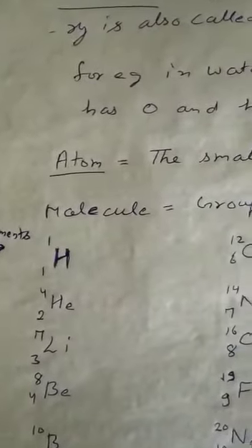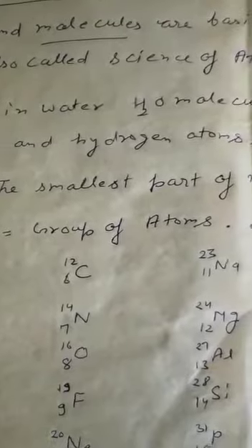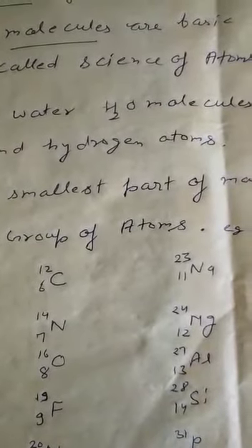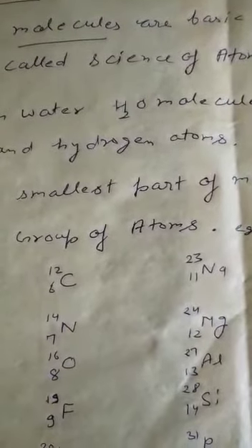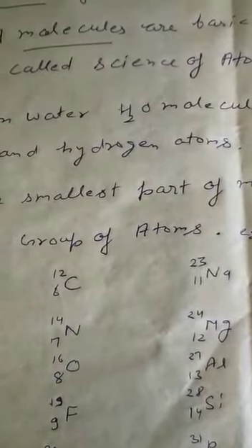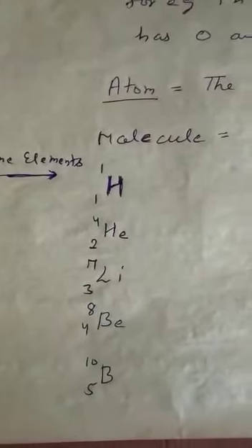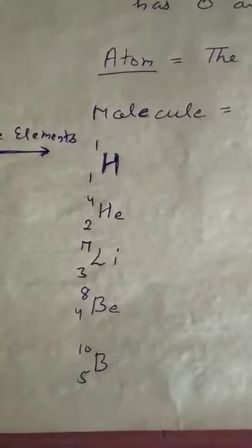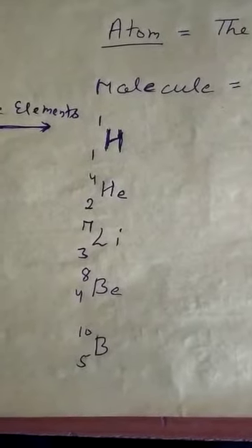Now, next point, molecule. You know, a molecule is a group of atoms. When atoms combine, they form a molecule. Now, I have shown some symbols of different elements. There are 20 elements I have just shown here.